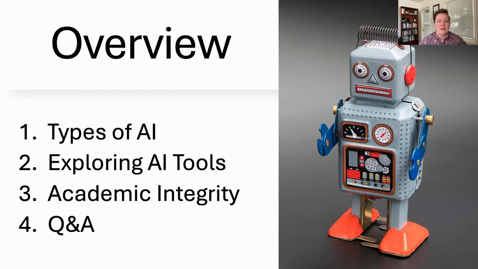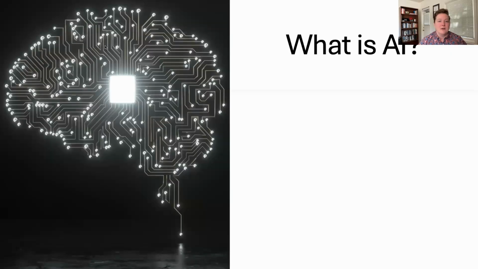So getting started here. First, we're going to talk about what is AI. Just a few key terms to know so that you can understand basic terminology around AI. Generally, when we talk about AI, we're talking about anything that's simulating human intelligence.